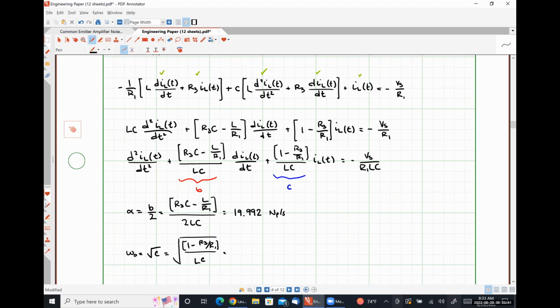Now I'm going to figure out omega naught. So that's going to be the square root of 1 minus R3, which is 20, over R1, which is 10. I think I'm about to run into an issue here that we'll resolve in a moment.